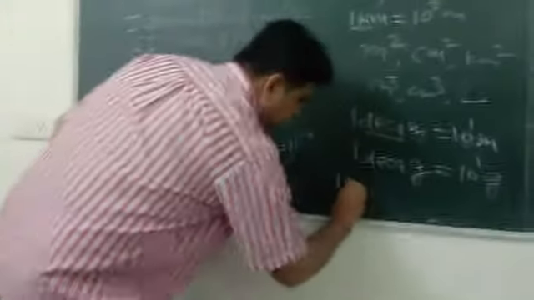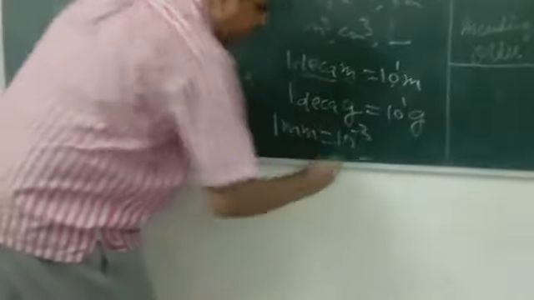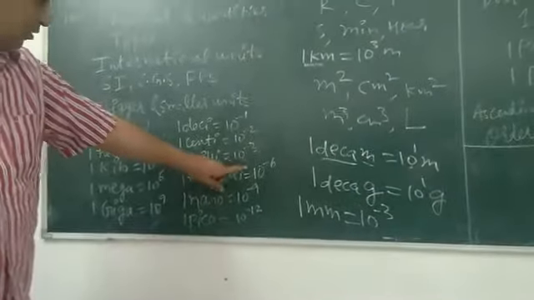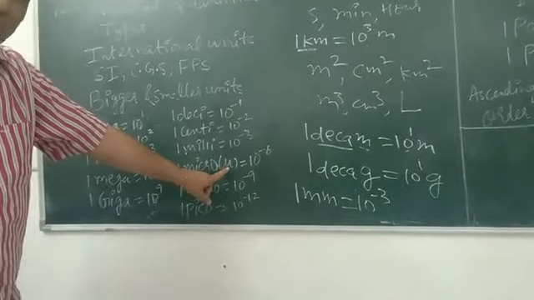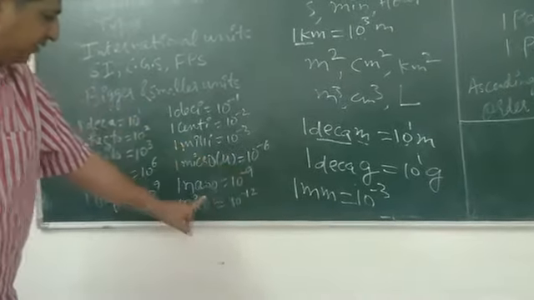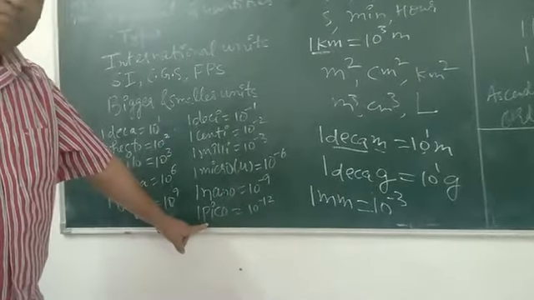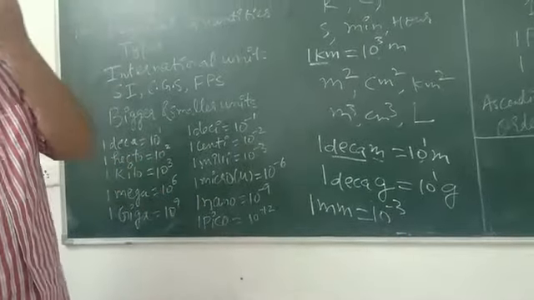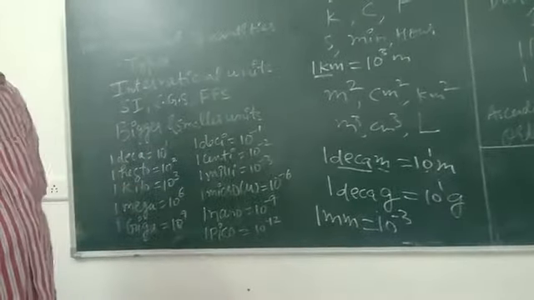So if I write 1 millimeter, this is 10 raised to the power minus 3. Then we have micro, this is a symbol, mu, 10 raised to power minus 6. Then we have nano, 10 raised to power minus 9, and pico, 10 raised to power minus 12. This is something you have to learn.